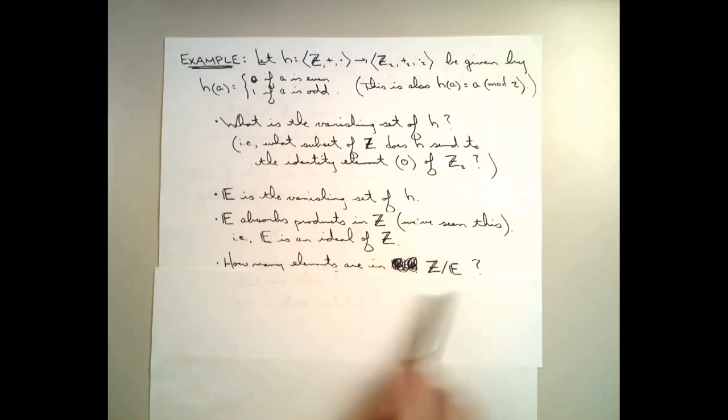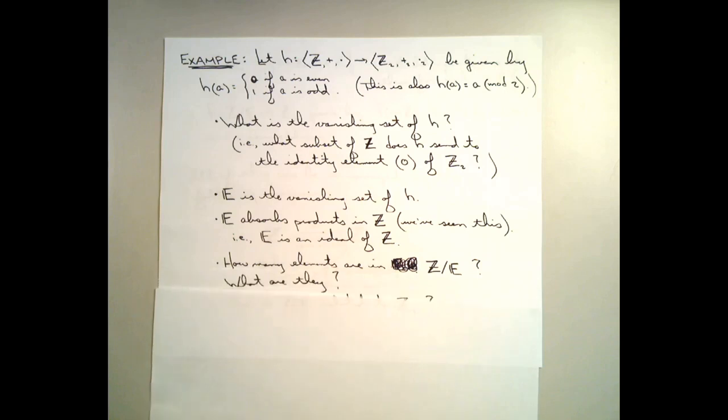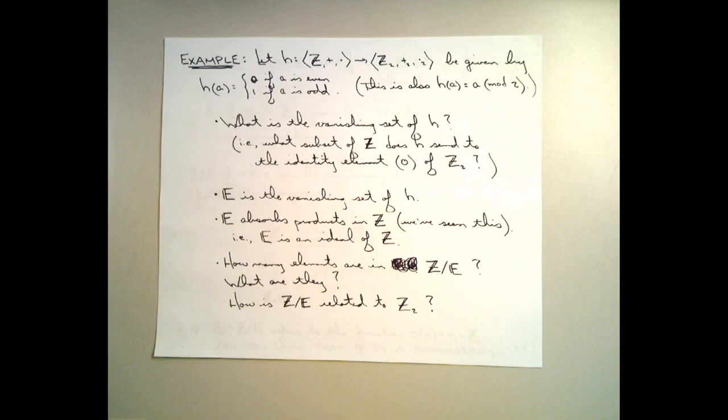So this makes sense. How many elements are in it? What are those elements? And how is this quotient ring related to Z2? Spend a little bit of time thinking about that. Pause the video for just a moment, and I'll be here whenever you get back.